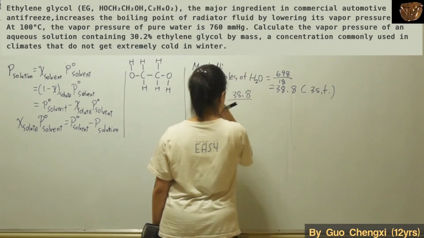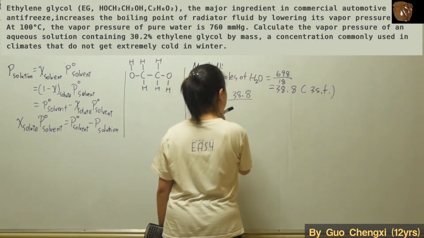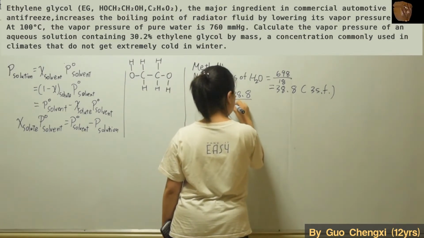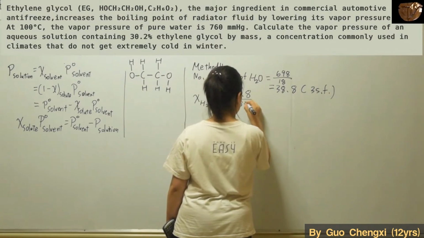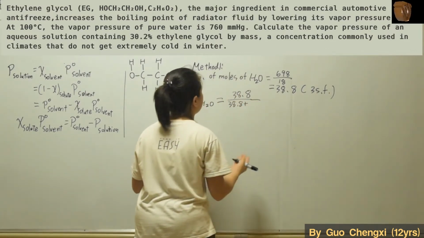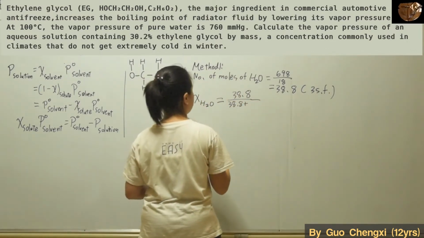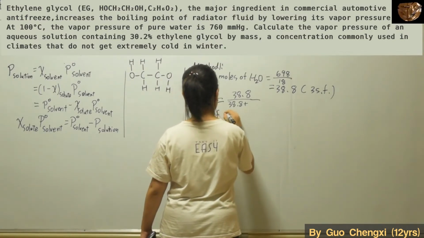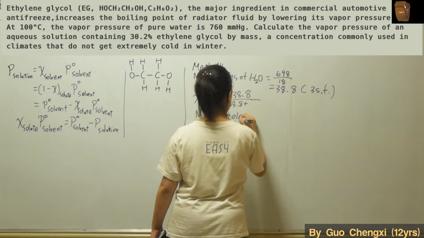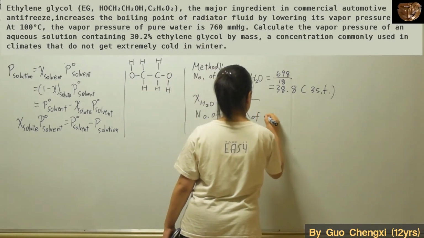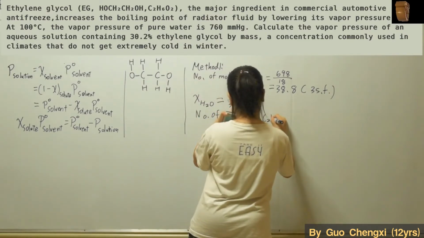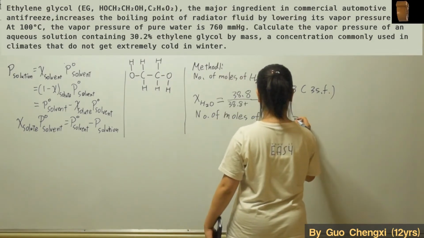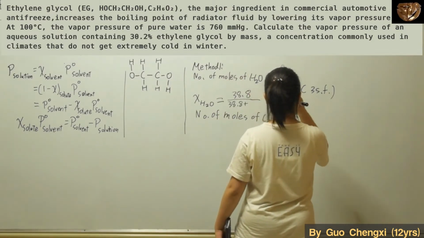So what we'll have is 38.8 over the total moles, so it's the moles of H2O over the total moles. But for the total, you also have to find the number of moles of ethylene glycol, C2H6O2.